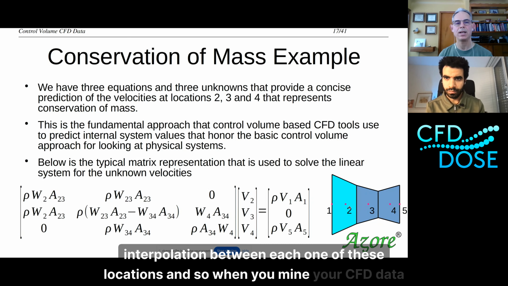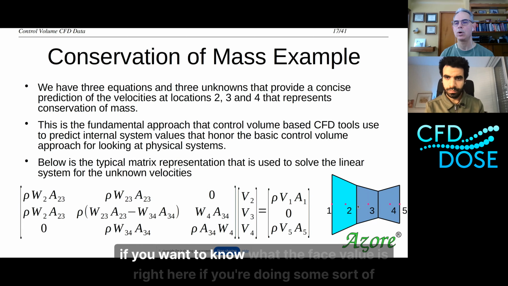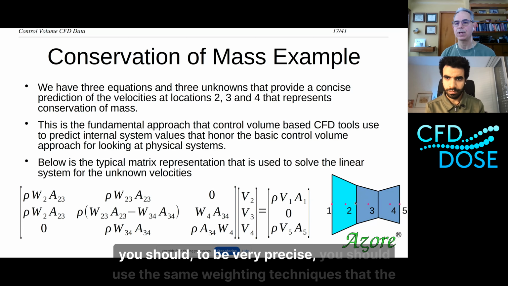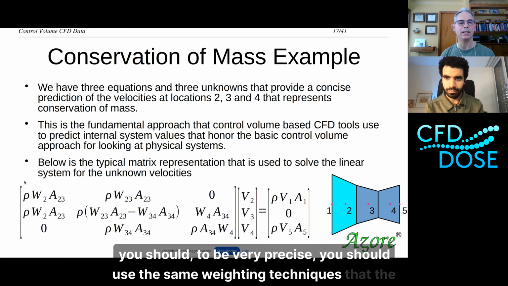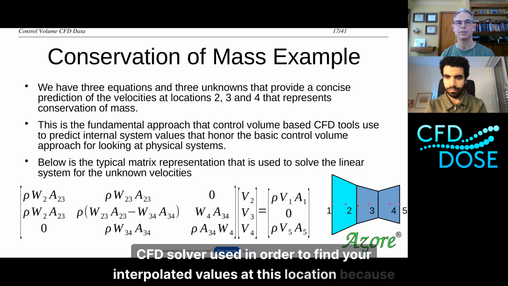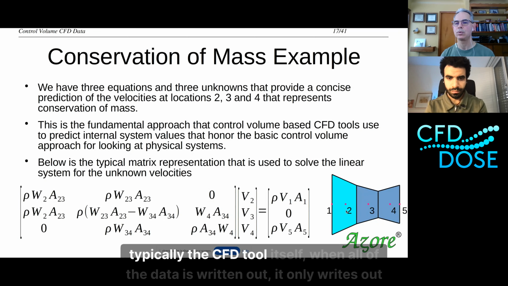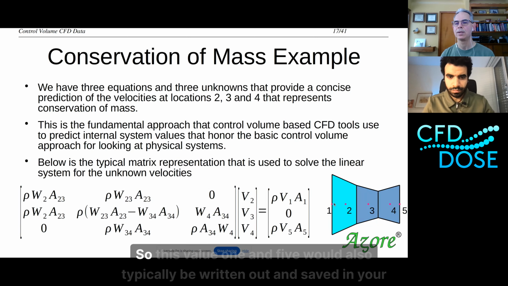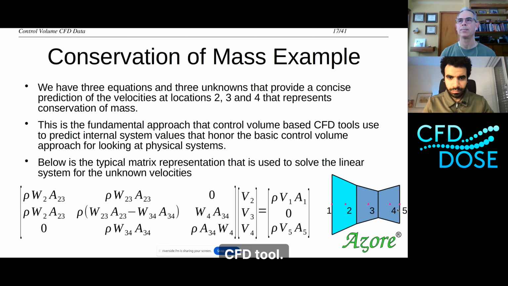And so when you mine your CFD data, if you want to know what the face value is right here, if you're doing some sort of surface integral, to be very precise, you should use the same weighting techniques that the CFD solver used in order to find your interpolated values at this location. Because typically the CFD tool itself, when all of the data is written out, only writes out data at the centroid of each one of the cells, and then the face values on any exterior face. So this value 1 and 5 would also typically be written out and saved in your CFD tool.